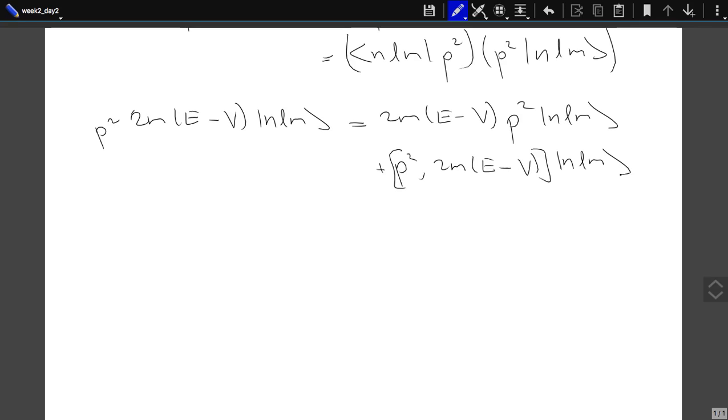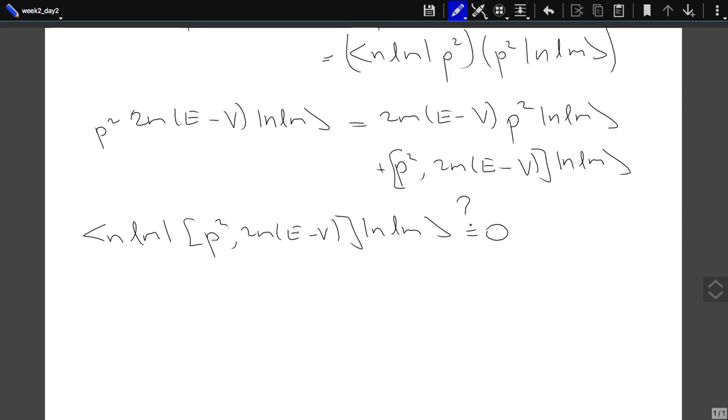So somehow this last term should have a zero overlap with the state nlm. So we should show that <nlm| this commutator |nlm> should be 0.